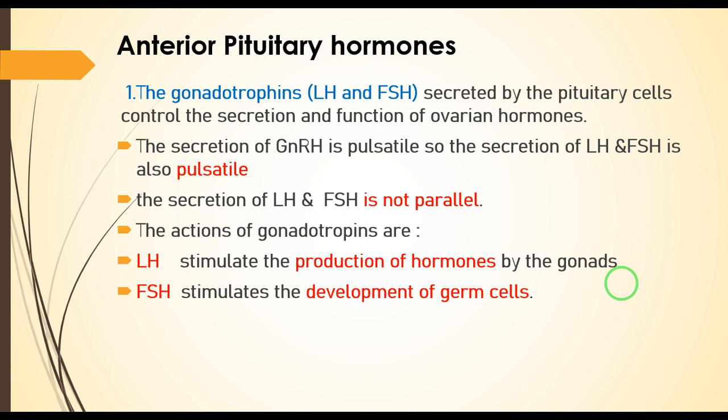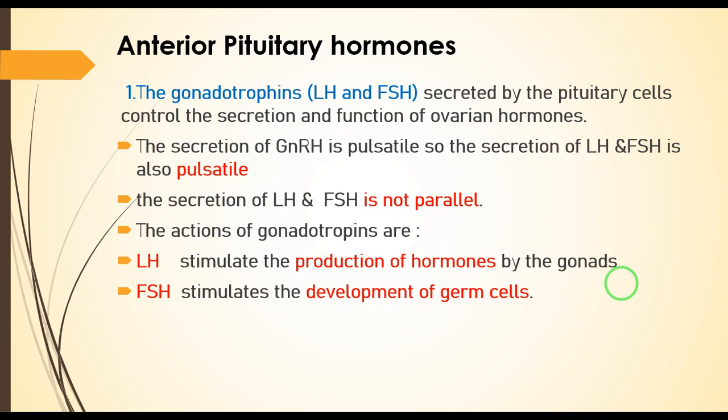So they are not parallel. Each one has its own pathway, and this depends on the gonadotropin releasing hormone, in addition to the feedback from the ovarian hormones. The follicle stimulating hormone stimulates the ovarian follicle, causing an ovum to grow.